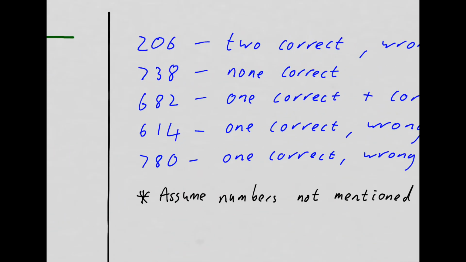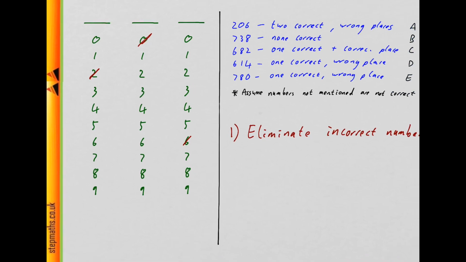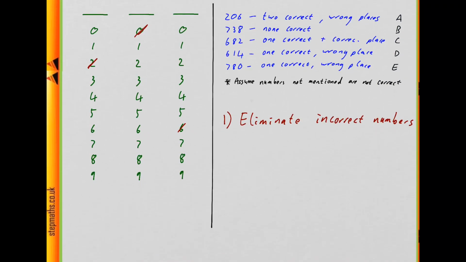And if any of them had been correct but in the wrong place, it would have said that, because it said that in the other pieces of information. So that means we can be sure that 7, 3, and 8 don't turn up in any of the 3 slots. So we can eliminate 7 and 3 and 8 from all of them.